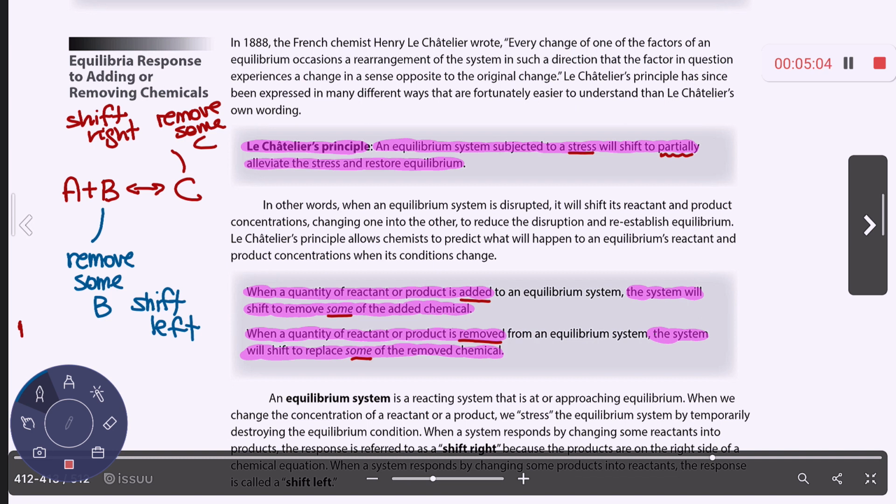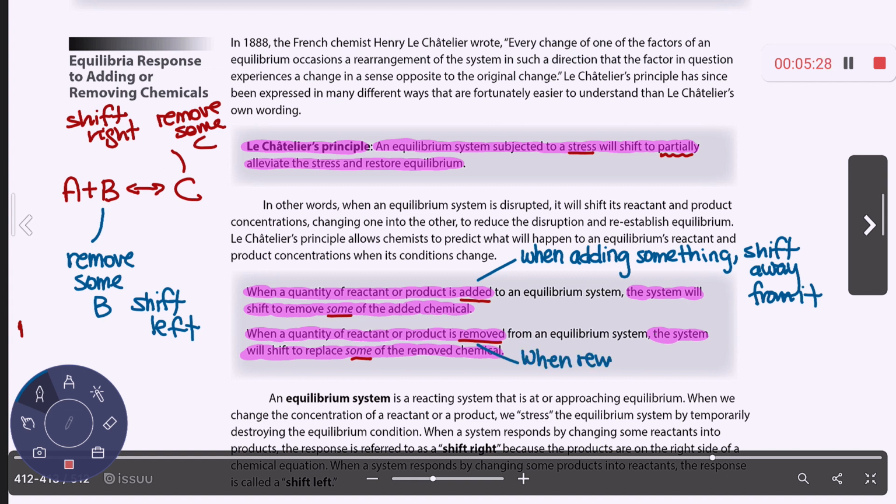So anytime you're adding something, you want to shift away from it. So that means you're going to the other side. And then anytime you're removing something, you're going to shift towards it because you want to bring it back.